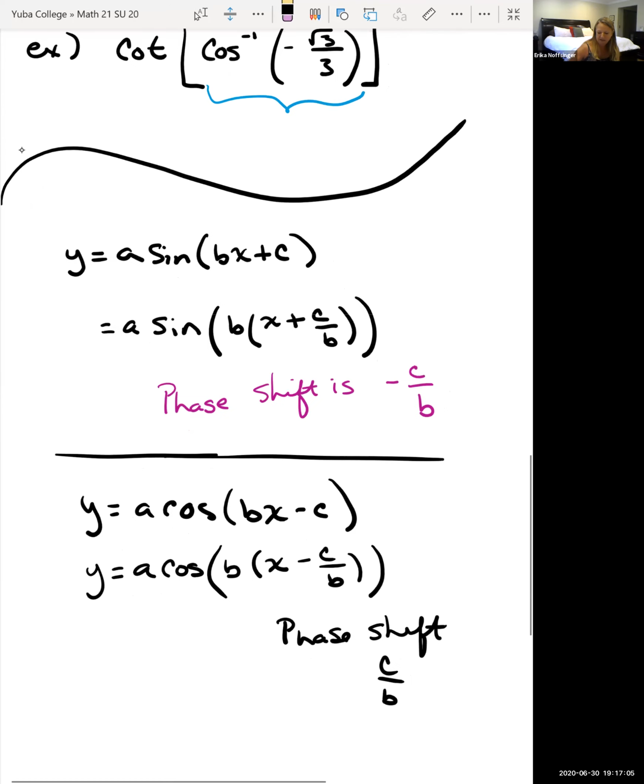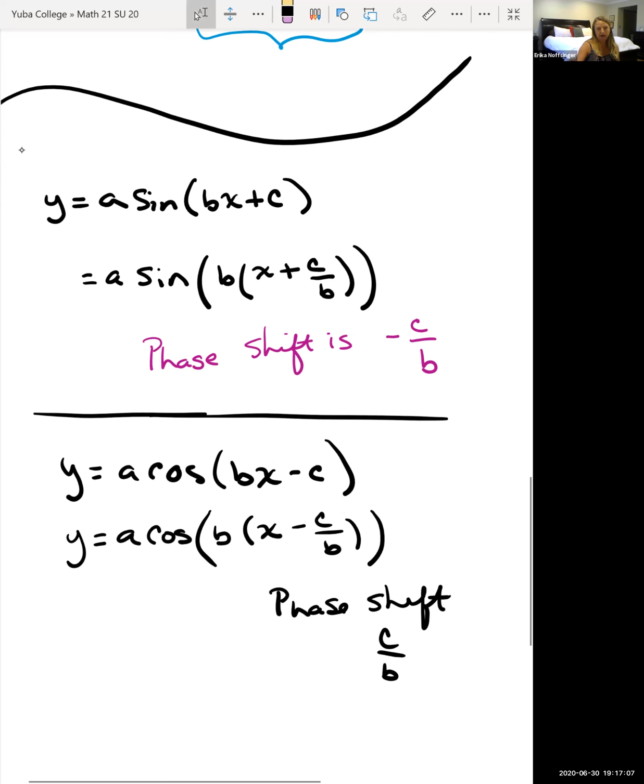So you can get the phase shift by looking at it this way. Don't think of it as absolute value; this basically tells you if you're going left or right from your original trig function. So hopefully that clears that piece up.